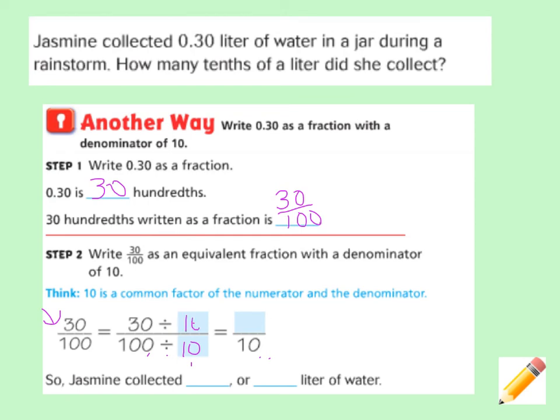So 30 divided by 10 is equivalent to 3. So therefore, Jasmine collected 3/10 liter of water. Pause the video and copy this down.